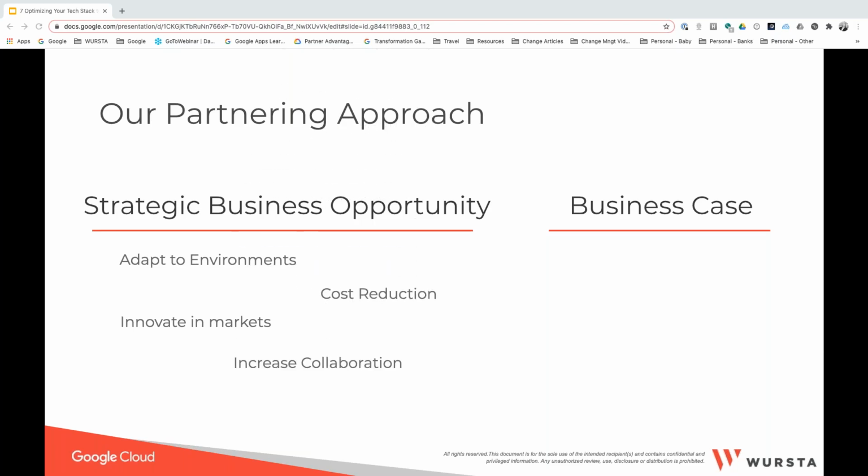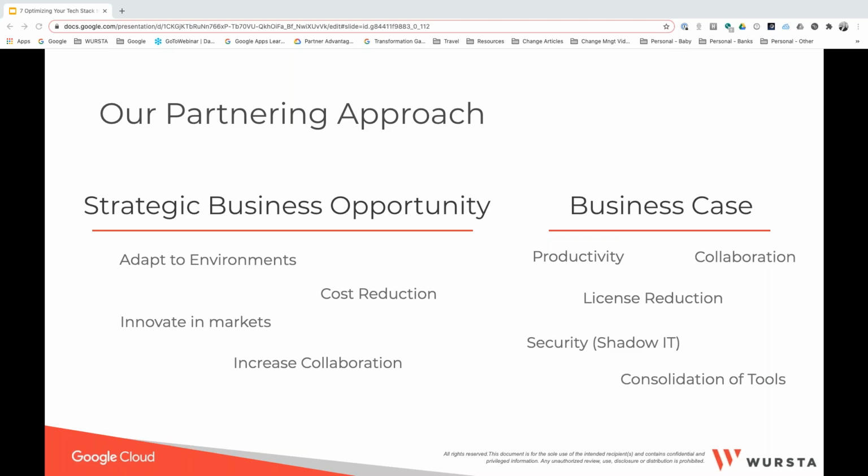You wanting to adapt G Suite, innovating in your market, reducing costs, increasing collaboration. Or it's going to solve a specific business case or cases, like increasing productivity and collaboration, reducing licenses, building out an EFSS, increasing security, solving for shadow IT, or a consolidation of tools.